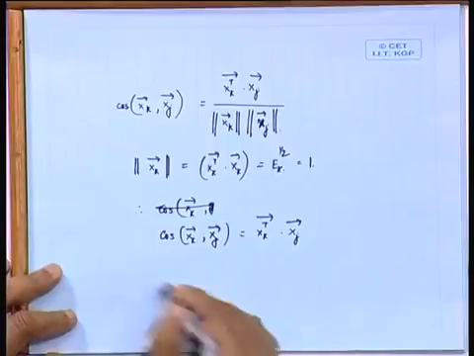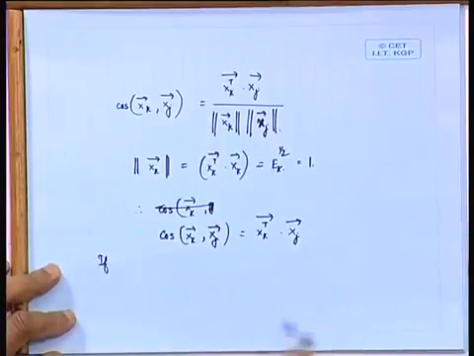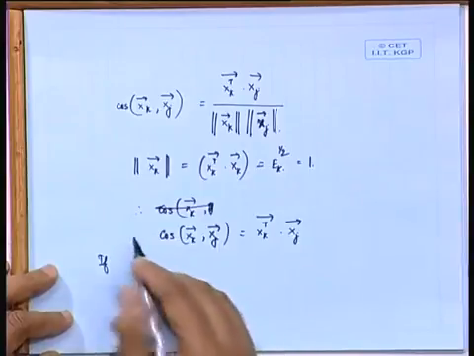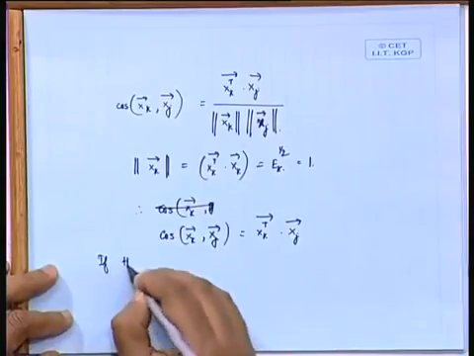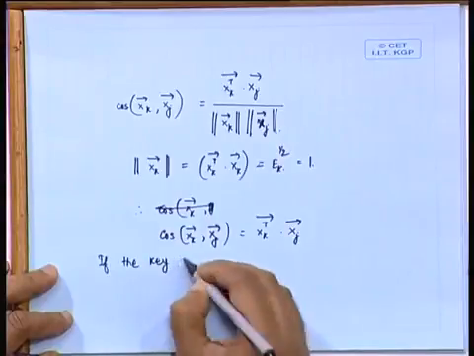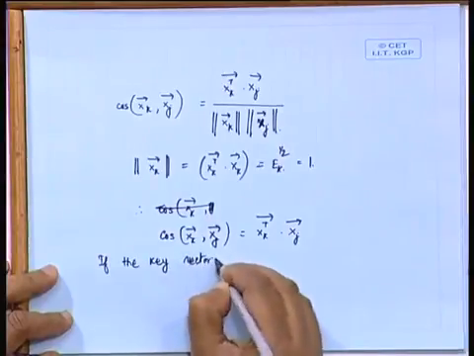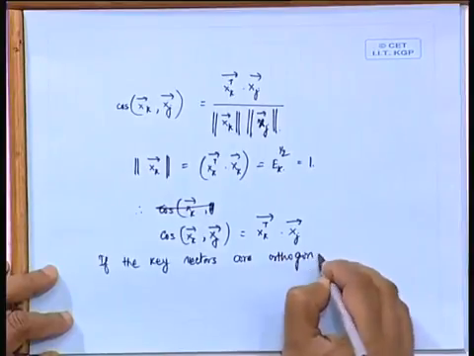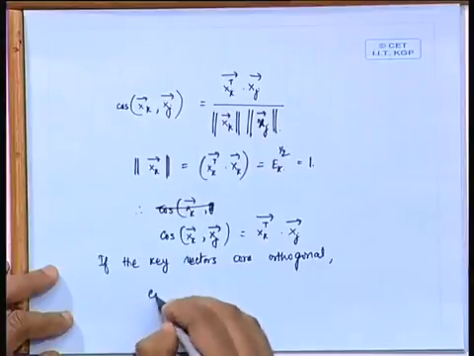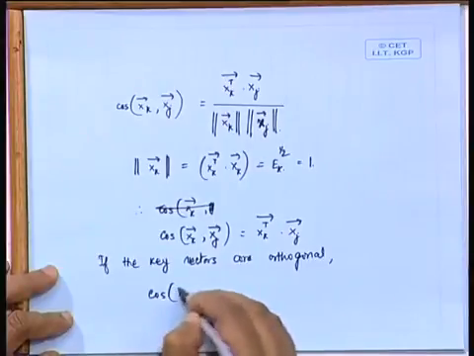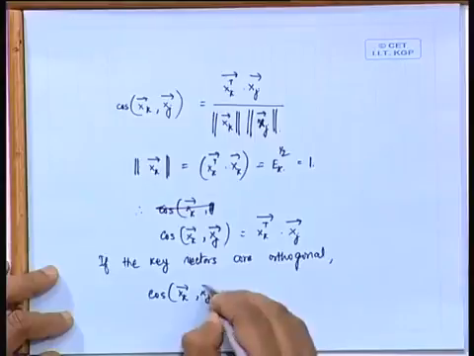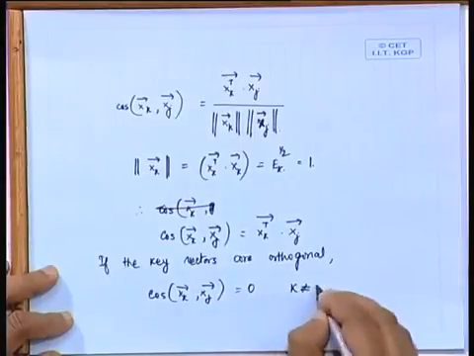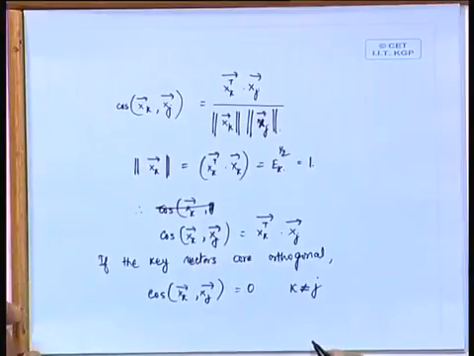So, if the key vectors are orthogonal, in fact, these x vectors we are calling the key vectors, in that case we can certainly write cosine of xk comma xj equal to 0 for k not equal to j.